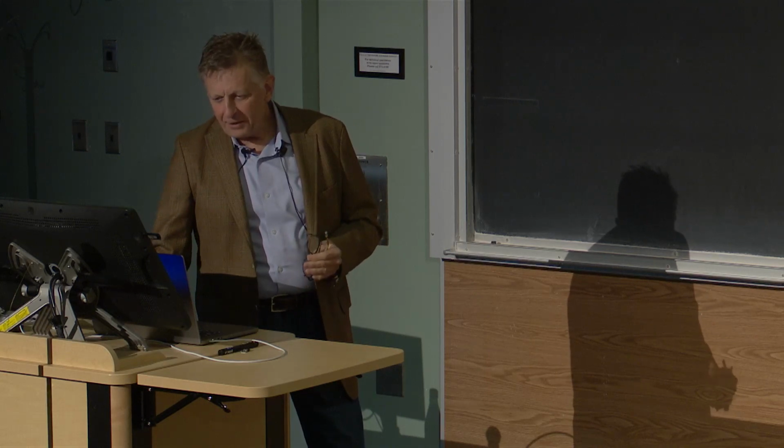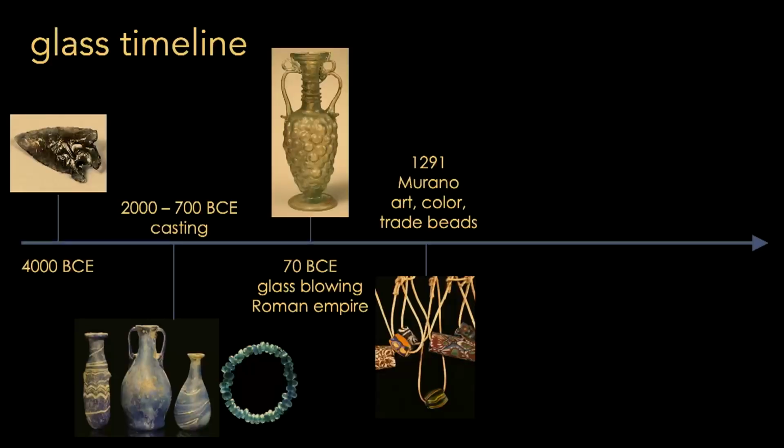The Romans propagated this, and I'm fast forwarding now to around 1100, 1200, when artisanship in Murano or in Venice was all the rage, and they fashioned very colorful glasses that were even used as a currency, so these are trade beads.